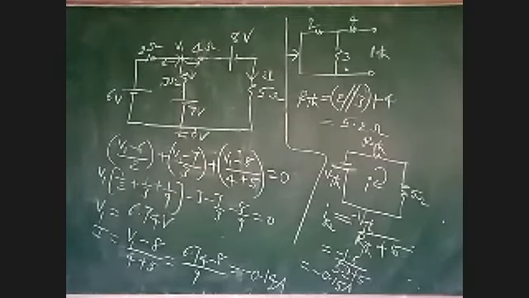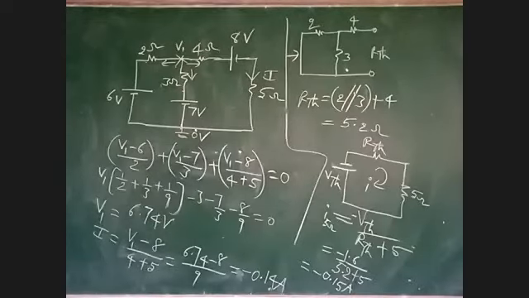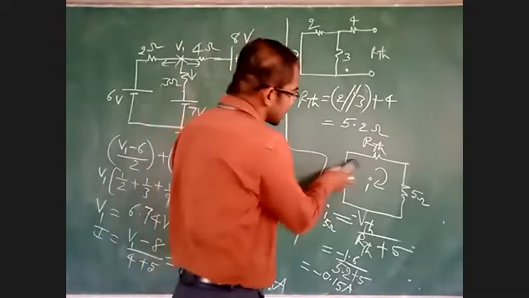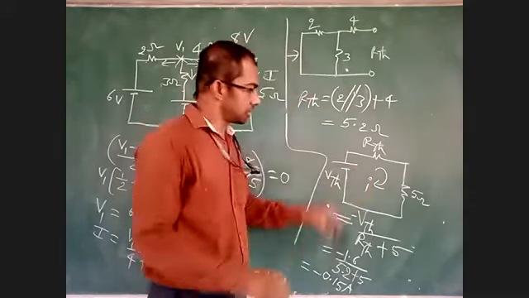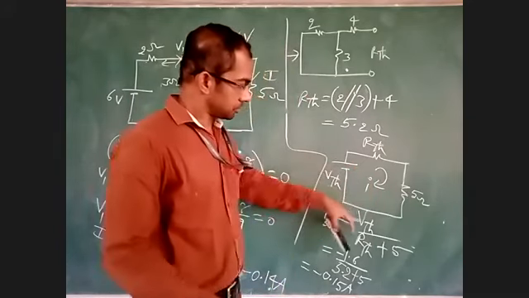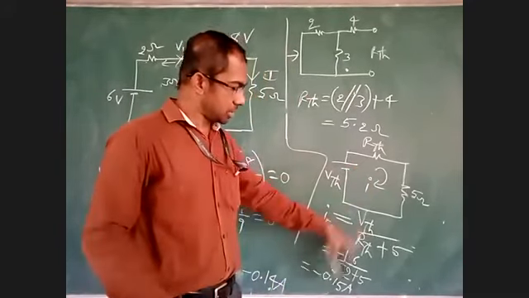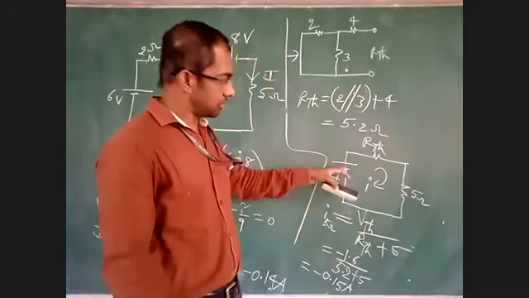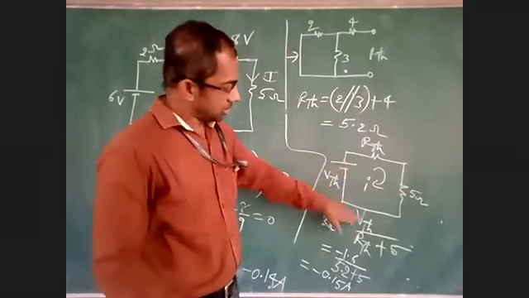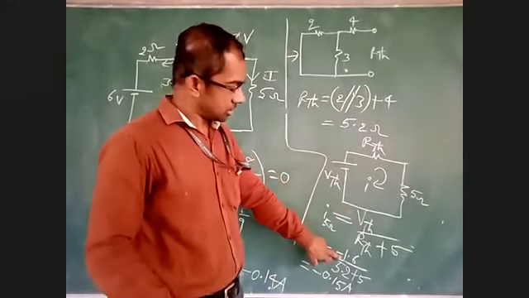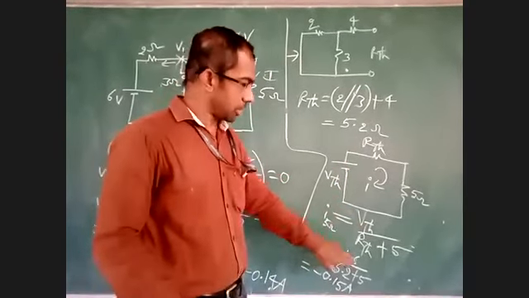Tell me. It will become plus, no sir, then VTH is negative. See here. Actually, if you take this direction, we are taking VTH here. But generally we are taking VTH as minus. If you take the same direction, VTH is minus 1.6.